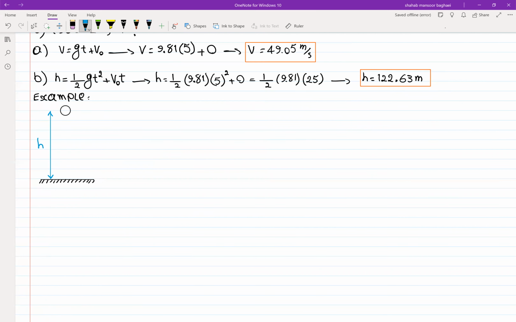So if you release it by a specific device, we can measure the velocity of your falling object before hitting the ground. I mean, this is the ground here at the bottom. The velocity at the bottom, very close to the ground, is V.